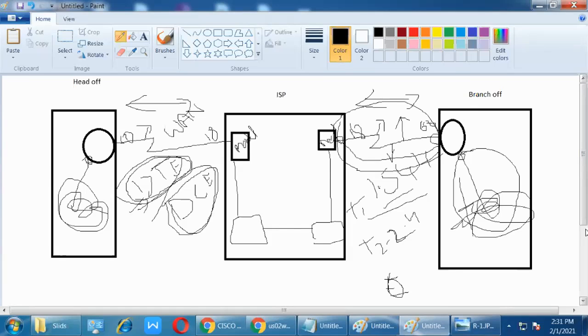So where do we need to connect? This port provides clocking, and the clock maintains the clock rate.